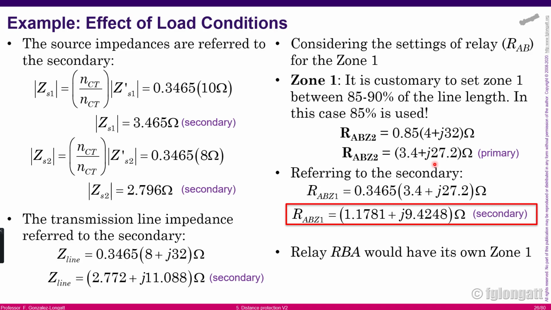Zone number 1 is 85% of the total impedance of the transmission line. When we refer to the secondary, we obtain a setting for this distance relay of 1.17 plus j9.4, and that is the setting for the zone number 1, or the underreaching zone of this distance relay. Okay.